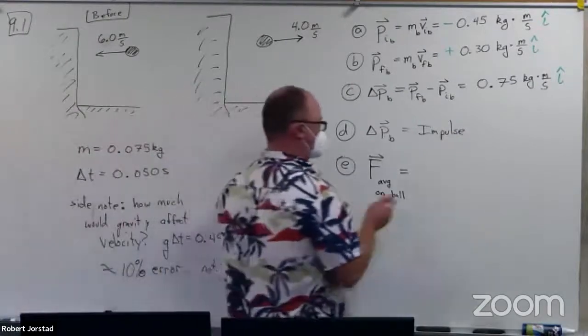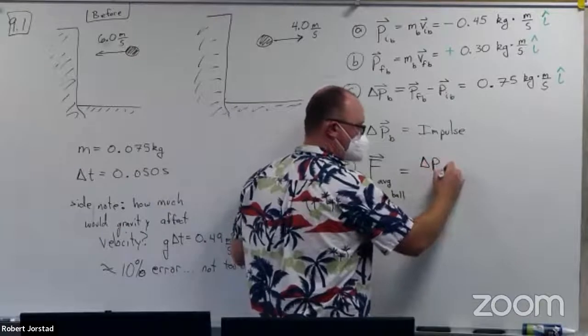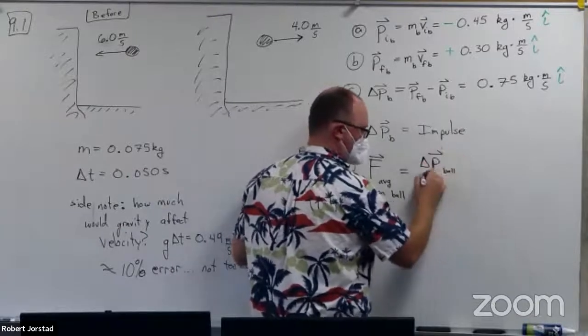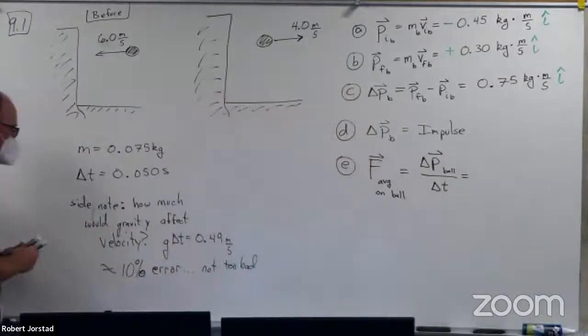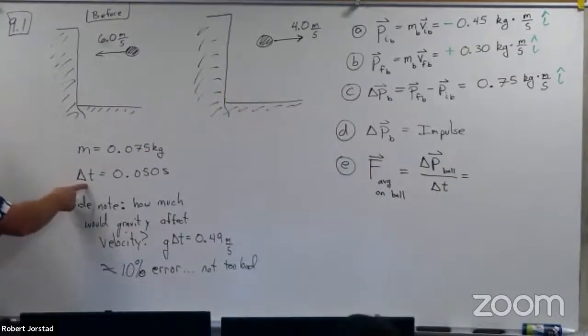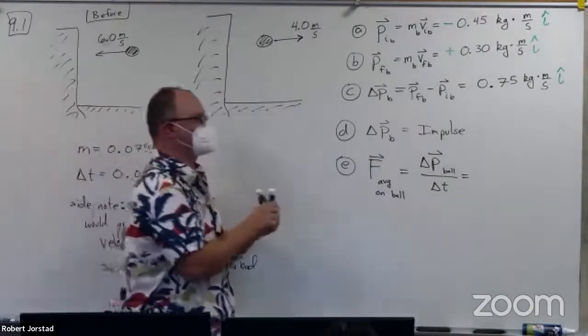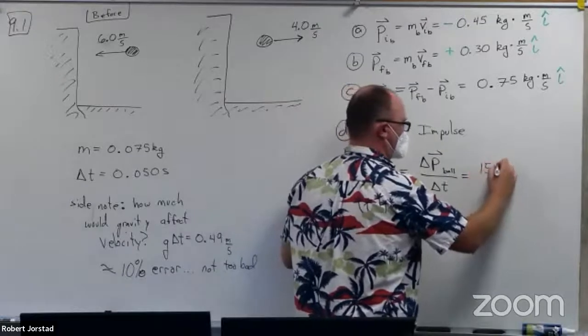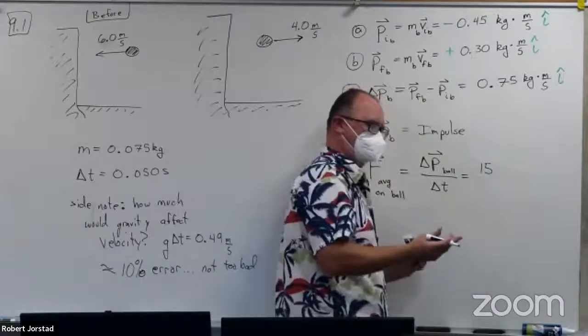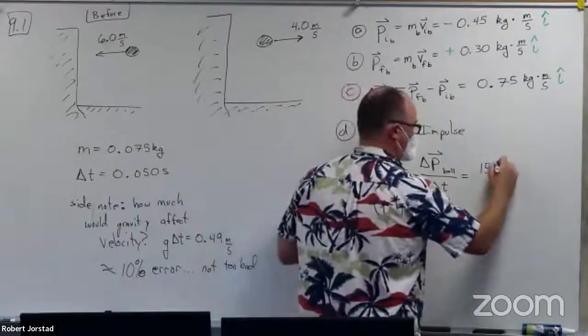That's what we're doing. Delta P of the ball over delta T. And I think we know that, don't we? Yeah, delta T. I'm going to search my brain and guess it ends up being what, 15 or something? Is that right? 15. It helps to have done this problem a few hours ago. Which direction though?